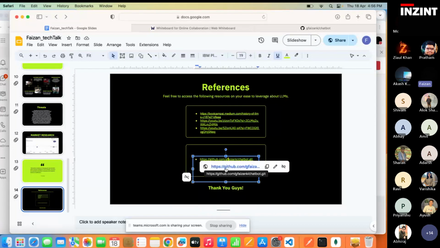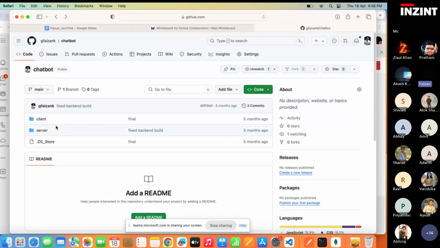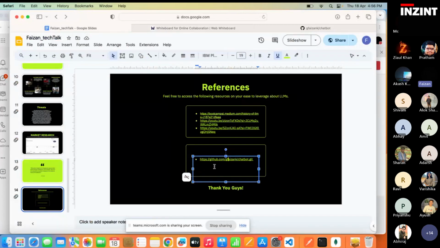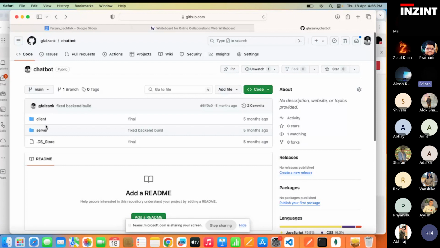I have integrated GPT-3.5 into my project. I'm attaching the link to this repository in the resources guide as well. You can go through the client and server code. The client code has been written with React, Tailwind and Redux.